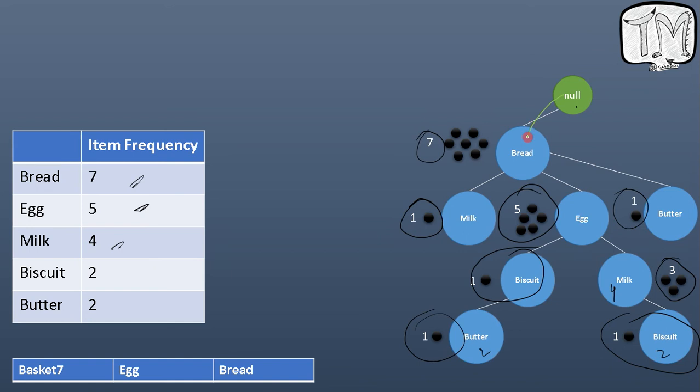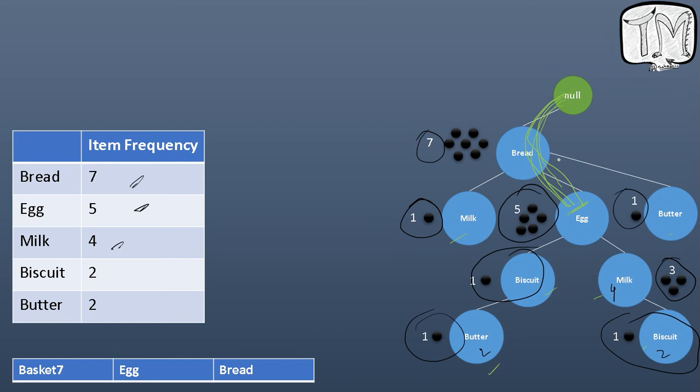Okay, so we have bread. Next, here we have egg. So this is the one path which leads us to egg. As you can see, we don't have egg any other place, so this is the only branch leading to egg.